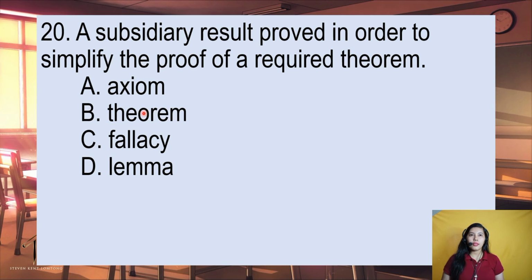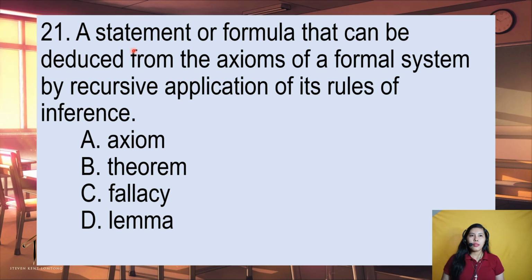Next, a subsidiary result proved in order to simplify the proof of a required theorem, that is lemma. Next, a statement or formula that can be deduced from the axioms of a formal system by recursive application of its rules of inference, that is theorem.